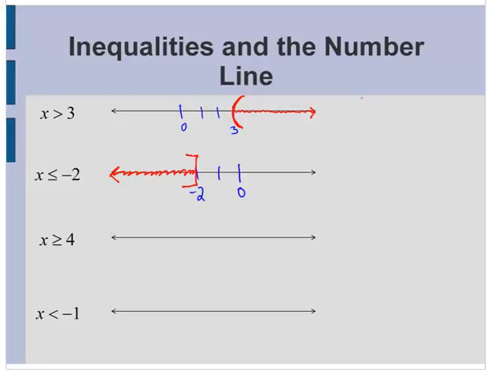So, if we have a greater than or a less than, we use a parenthesis. If we have a greater than or equal to or a less than or equal to, we will use a bracket. And these open in the direction of shading.